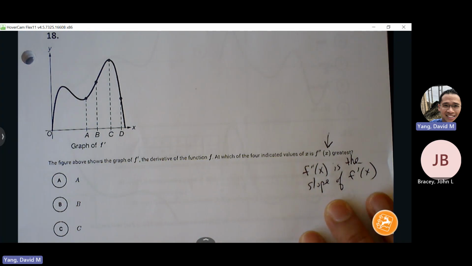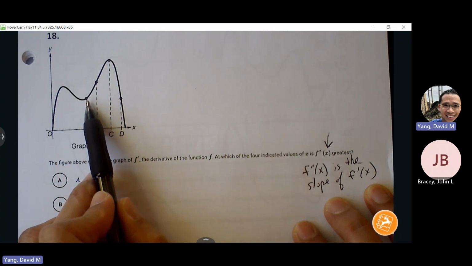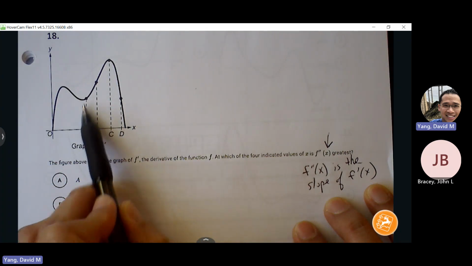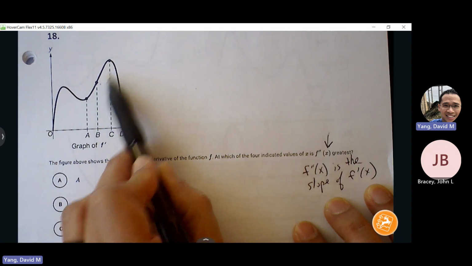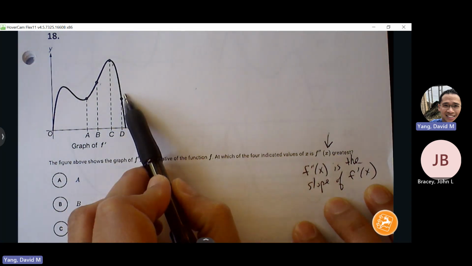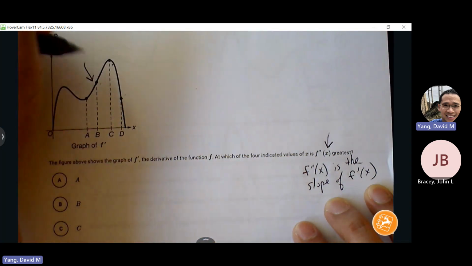So where's the slope of this f prime going to be at the greatest? This one looks like it's a positive slope of maybe 0.5. This looks like a positive slope of maybe 2 or 3. Slope of 0, slope of negative 2. The largest one is going to be this one here.